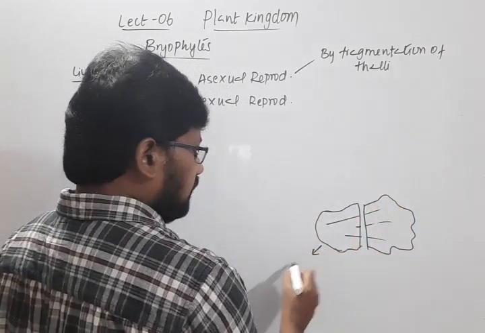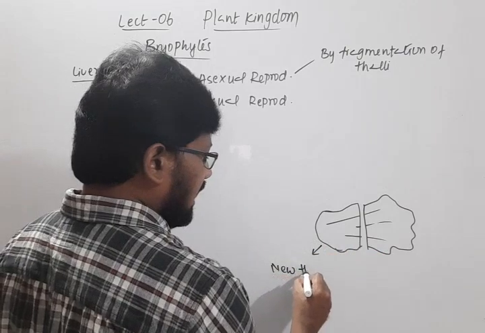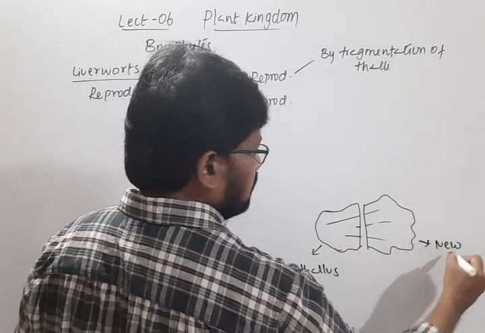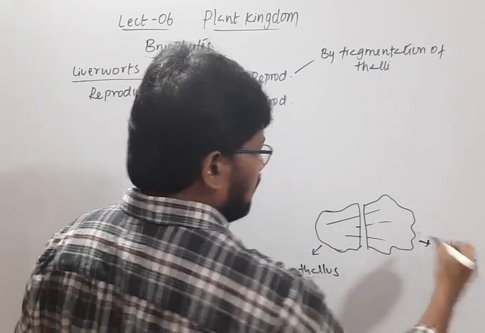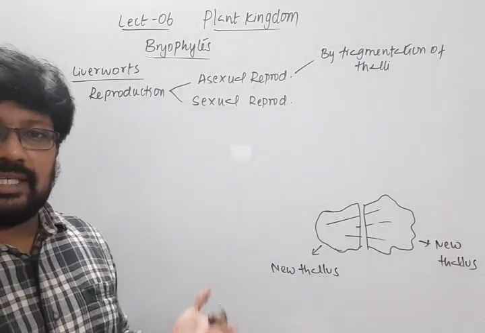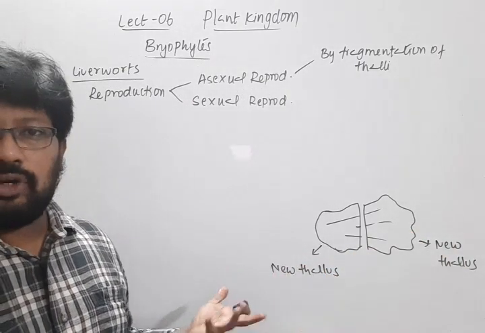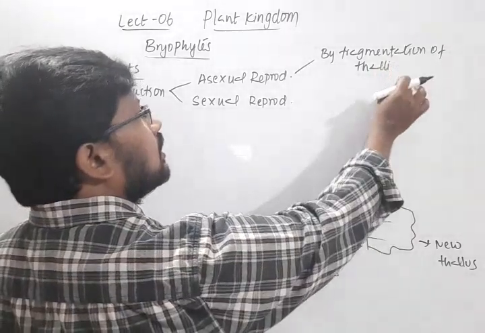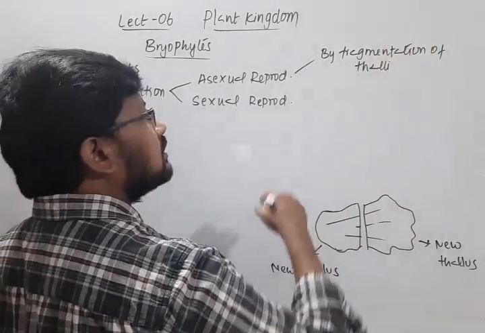Then this one will develop into a new thallus, and this one will develop into a new thallus. It is not necessarily into two, it may divide into three or four. If it divides into four, then four new thalli will develop. So this is by fragmentation of thallus.